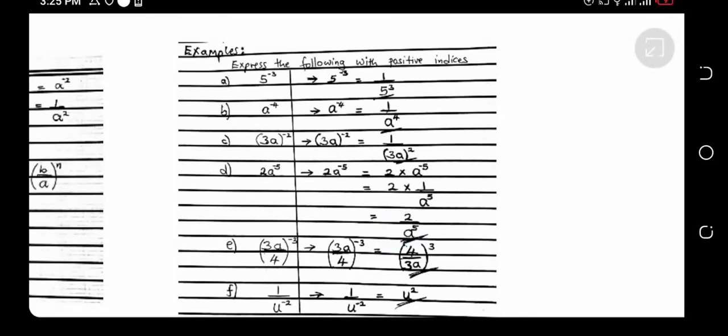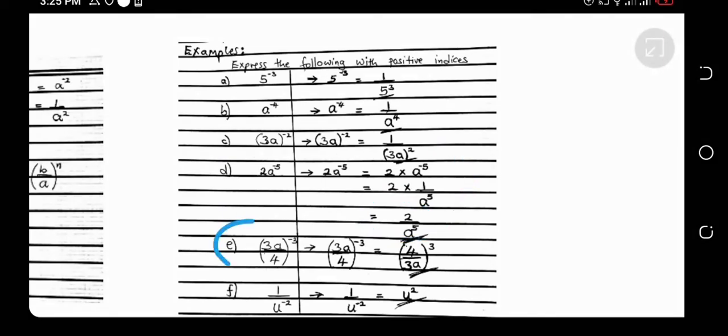D is slightly different from C, because the 2 in D is not affected by the power, but in C, 3 is also affected by the power along with a. Compare that and see how we have worked out both of them. They give different answers.